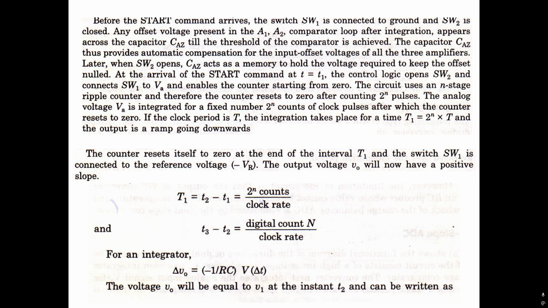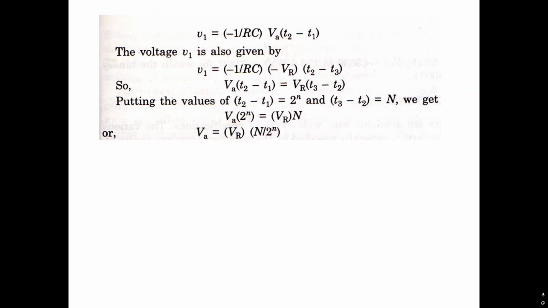For an integrator, delta V0 equal to minus 1 by RC into V of delta T. The output voltage V0 will be equal to V1 at the instant T2 and can be written as V1 equal to minus 1 by RC VA into T2 minus T1. The voltage V1 is also given by V1 equal to minus 1 by RC into minus VR into T3 minus T2.